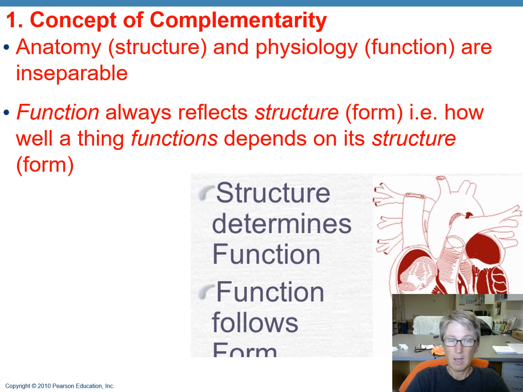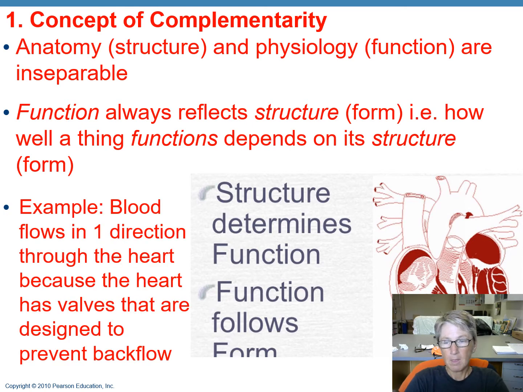But this is a cartoon that shows the heart. So the heart allows blood to flow in one direction because it has valves. We can kind of see it. So here's a valve, and you'll learn all this in 202. Here's another valve. Here is another valve, and here's another valve.